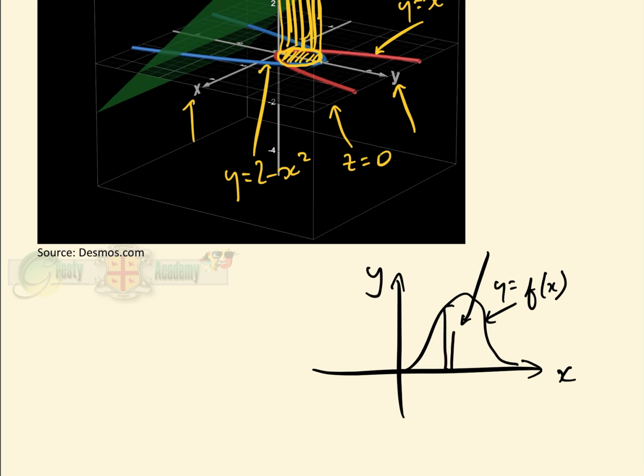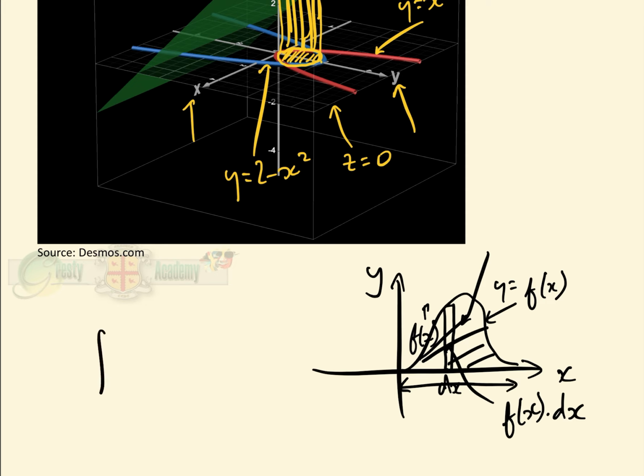We would draw a little rectangle there, dx, and the height of that would be f of x, so the area of that rectangle would be f of x times dx. Therefore the integral of the whole area would be from x0 to x1 of f of x dx, basically just summing up all of the areas of those rectangles.